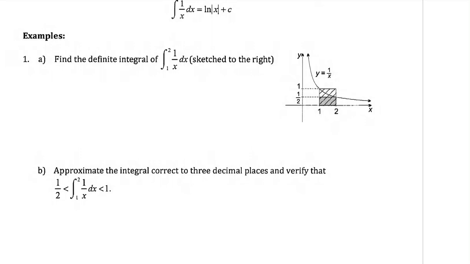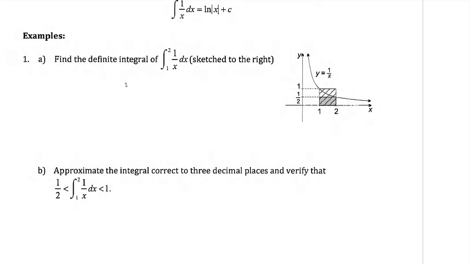Find the definite integral of 1 over x dx between 1 and 2. Okay, so integrating 1 over x, that was this formula just here that I had, right? So derivative of x is 1, so I can integrate that straight away to be log of the denominator, which is log of x.